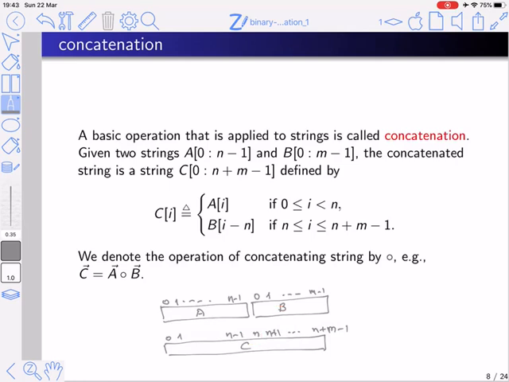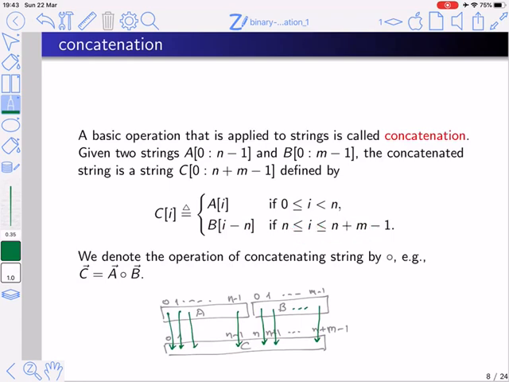Now what I do is I copy the bits of A into the corresponding positions in C, and I copy the bits of B in the corresponding positions of C to obtain a new string C whose length is the sum of the lengths of A and B. So formally speaking, C_i equals A_i if i is between 0 and n minus 1, and it equals B of i minus n if i is greater than or equal to n and less than n plus m.